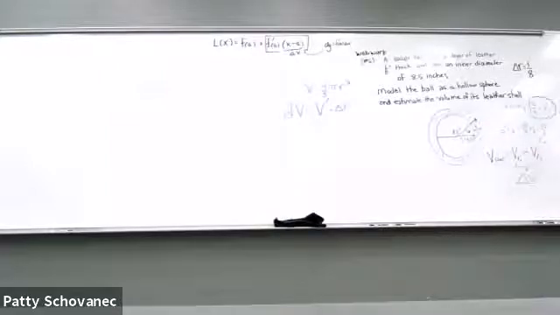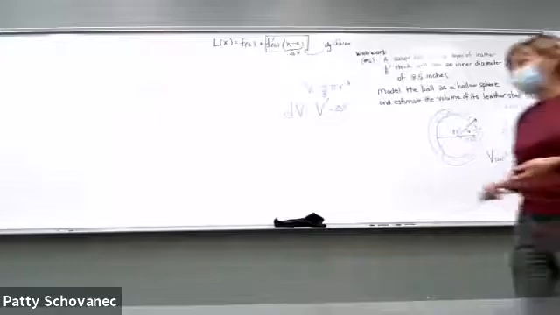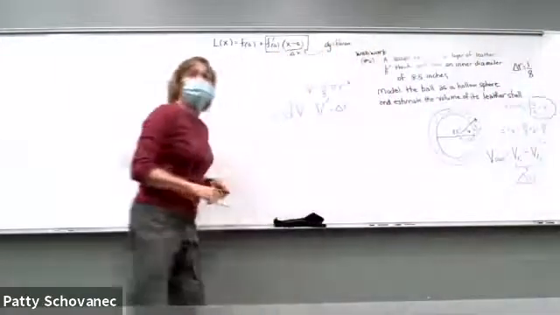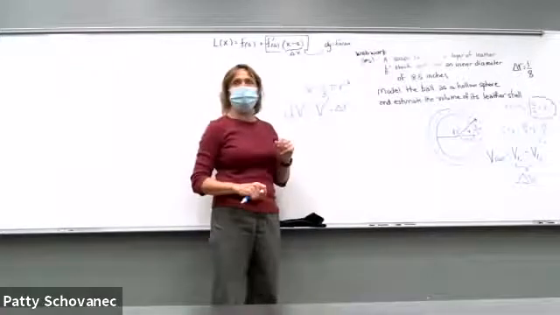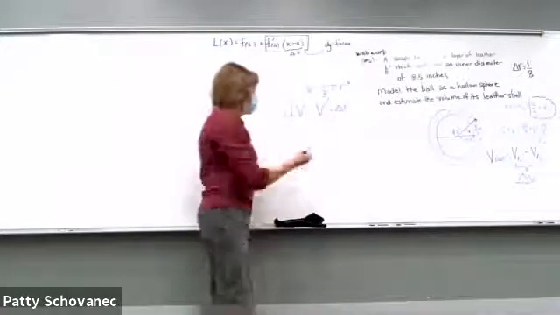All right, so the definition of the differential, dV, approximates delta V, is V prime times delta R. So V prime is going to be 4/3 pi times 3r squared times delta R.